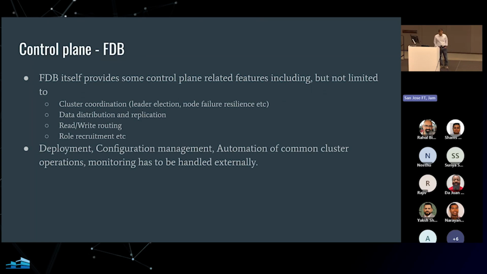FDB itself, the core FDB KV software itself, provides a number of control plane features. It provides cluster coordination, which is the leader election, the zookeeper equivalent, and node failure resilience, where if a machine fails, it's able to re-replicate the data and reroute the reads and writes. All that is provided by the core KV software itself, and it does the read-write routing and also the role recruitment.